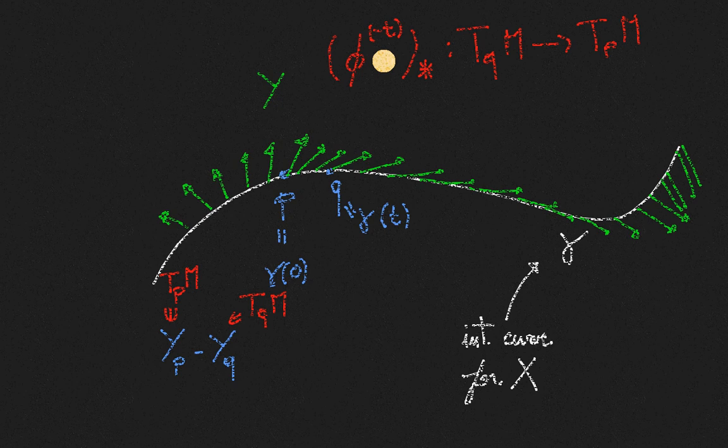So this is a way of taking the second vector space, T_q M, and sending it to the first vector space, T_p M. Bear in mind that all the phi's are diffeomorphisms, because therefore these are isomorphisms of vector spaces. So we are not sending everything to zero or onto a subspace. It's an actual invertible operator between vector spaces.